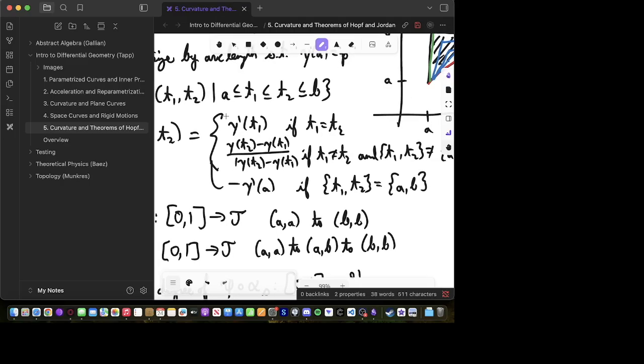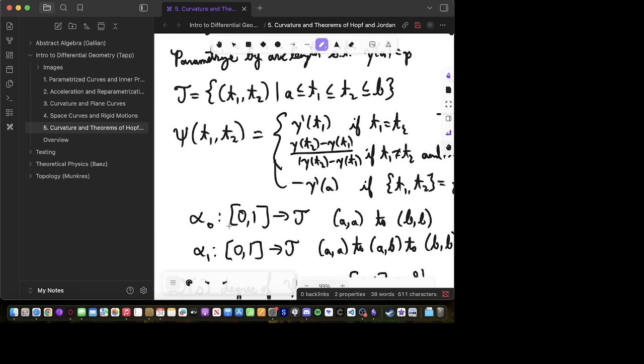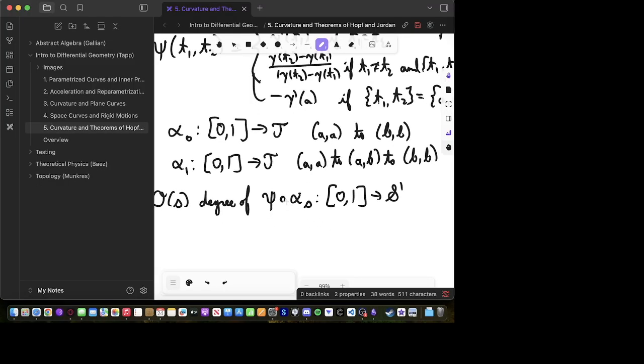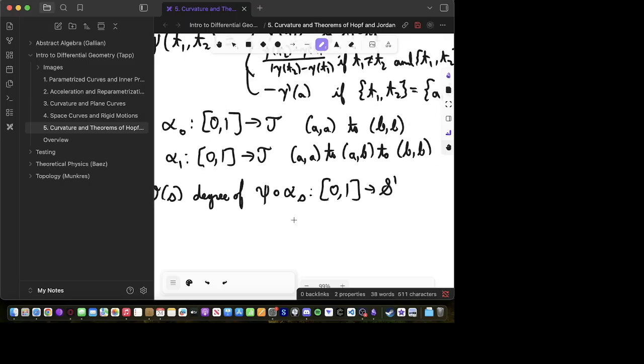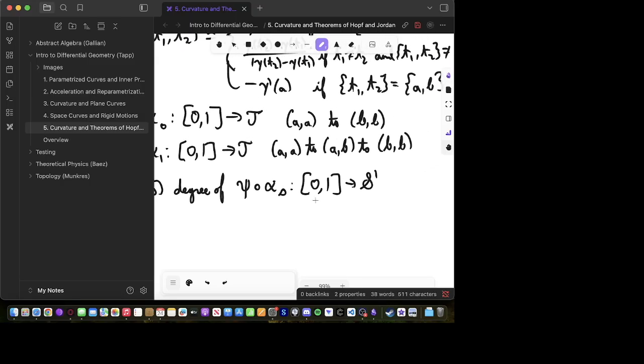And remember, since all of these are unit vectors, this function essentially maps these two points to a circle. So alpha maps from an interval to those two points, so we're mapping from an interval to the circle.